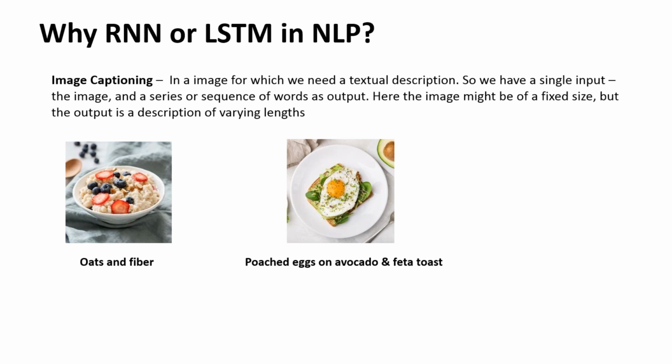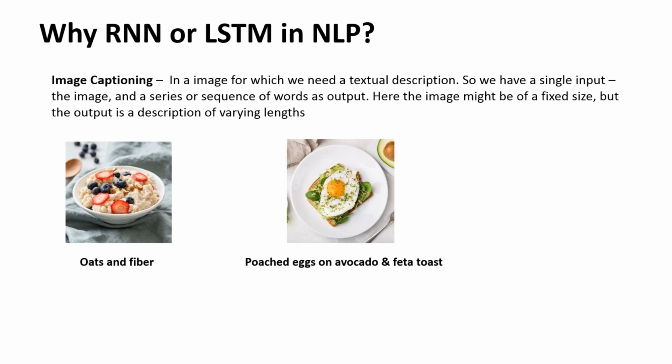The first one says oats and fiber, let's say, and the second one describes the image as poached eggs on avocado and feta toast, right? This is the kind of description of what kind of breakfast or food item it is. Similarly, any image can have a description of varying length talking about the image, right?